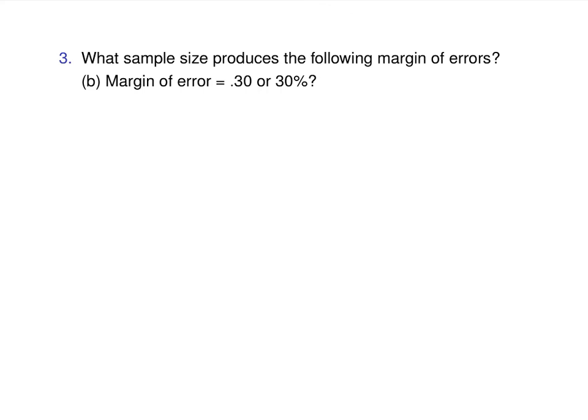Margin of error of 30%, not sure why you'd want that, but here's the basic idea, same thing. 1 over root n is 0.3, multiplied by root n. 1 equals 0.3 times root n. Divide by 0.3, you get 3.333 repeating equals root n.